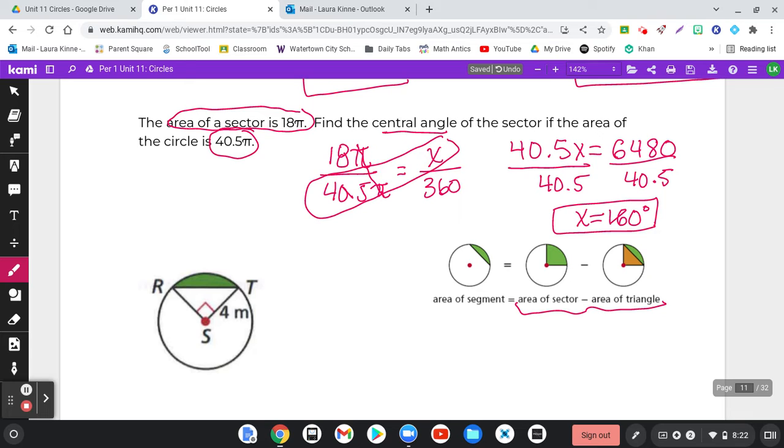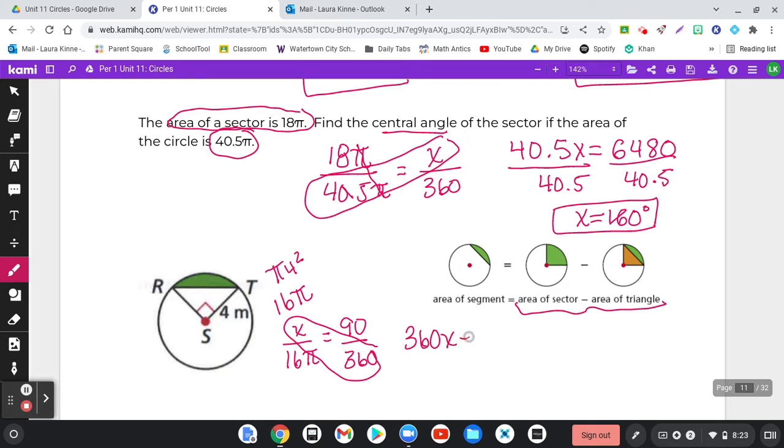Our radius is 4, so the whole area is pi times 4 squared, 16 pi. So I'm going to do x over 16 pi equals the angle, 90 over 360. Okay, cross multiply. 360 times x equals 90 times 16.